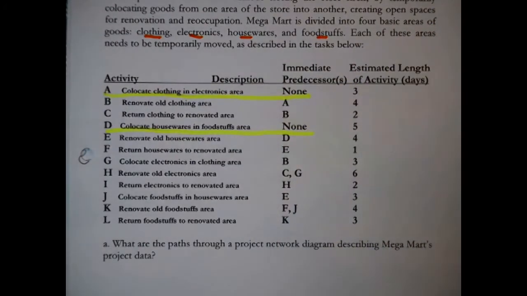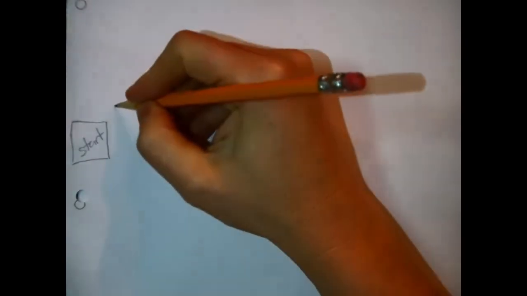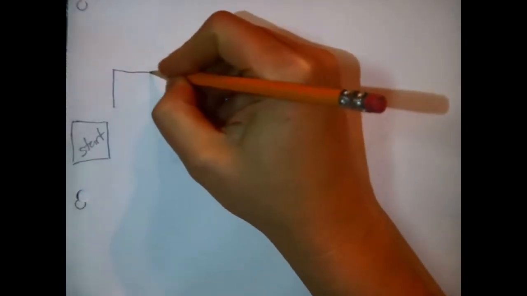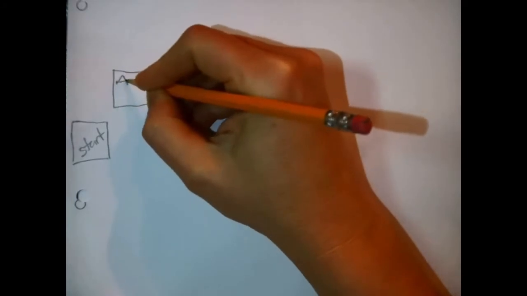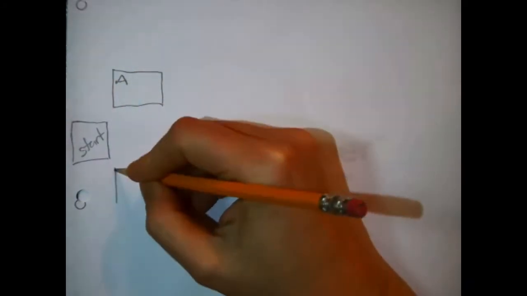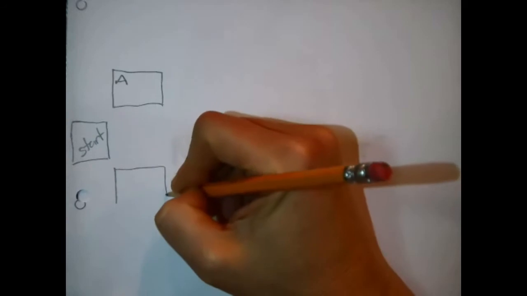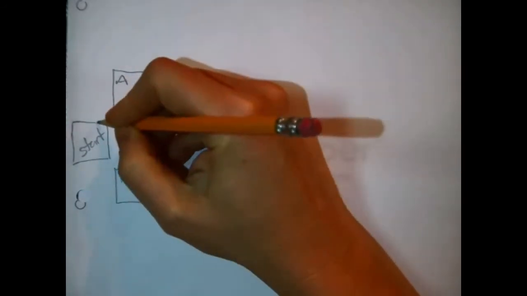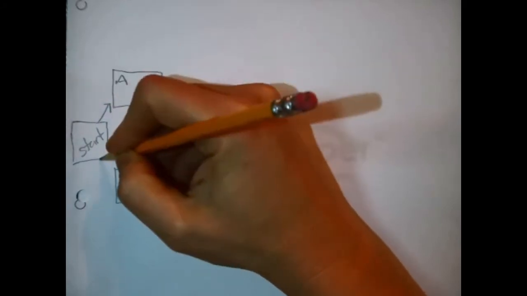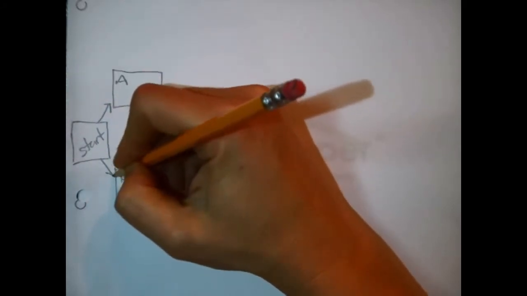All right, no problem. That means that I want to add A and D to my network. From the start, you can proceed with either of these.